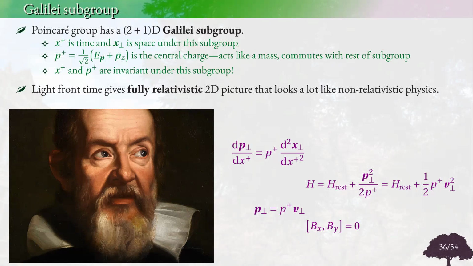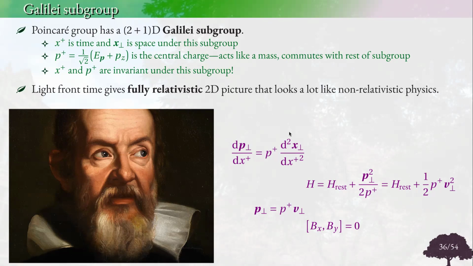P plus being invariant is logically equivalent to it being a central charge. But X plus transforms the same way as P plus, so it's invariant. Time being invariant under transformations is an important part of it being a Galilean group. So using light front time instead of instant form gives you an exact, fully relativistic picture that, in terms of 2+1 coordinates, looks a lot like non-relativistic physics.